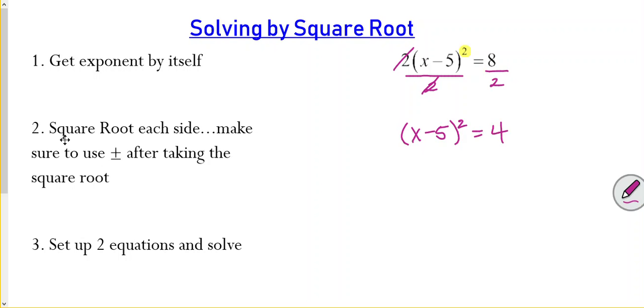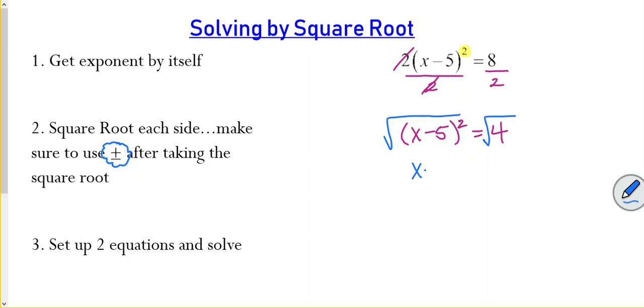Now the second step is, after we get the exponent by itself, we need to square root each side. That's how we get rid of the exponent. So I take the square root, and I'm going to take the square root. After we take the square root, we have to use this plus or minus sign. So again, taking the square root only gets rid of my exponent.